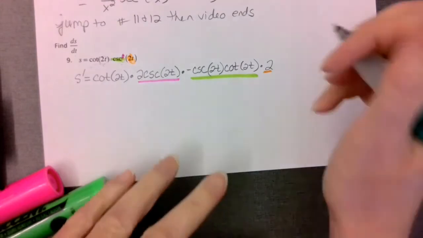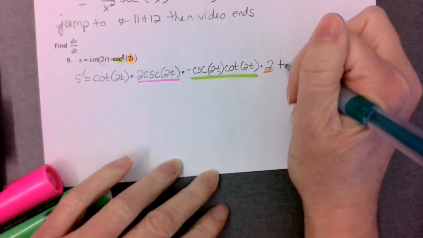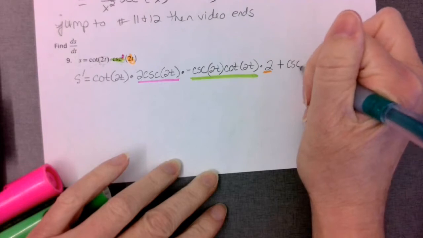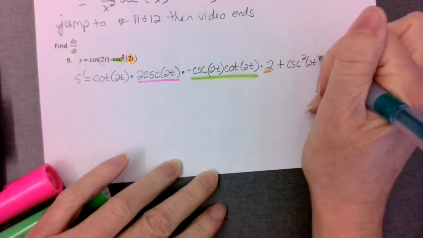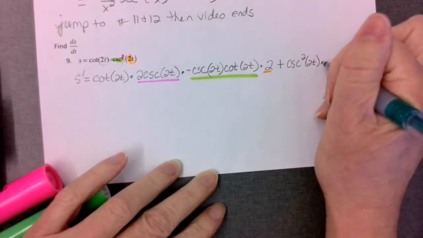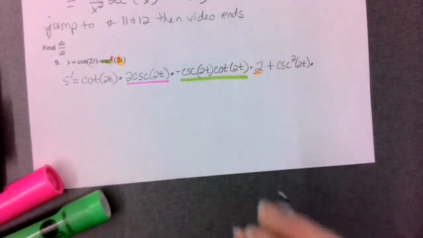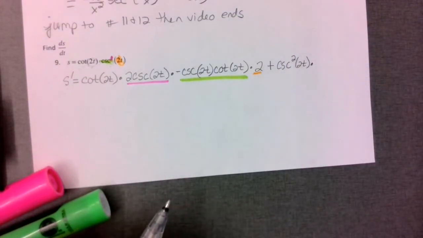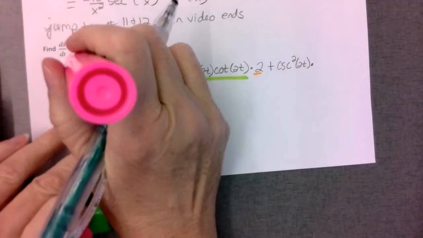Then I flip it around and I do the reverse. Plus cosecant squared 2t stays the same, times the derivative now of the cotangent of 2t.